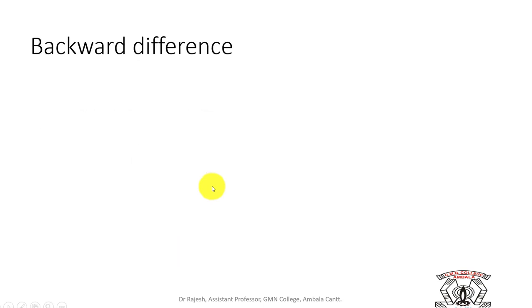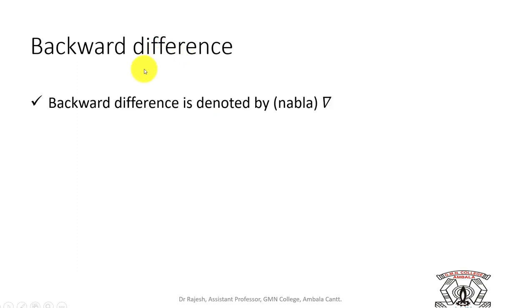Now next is the backward difference operator. So this will again be a difference, and it is denoted by the symbol, this one. This is something upside down of delta, and this is known as nabla.